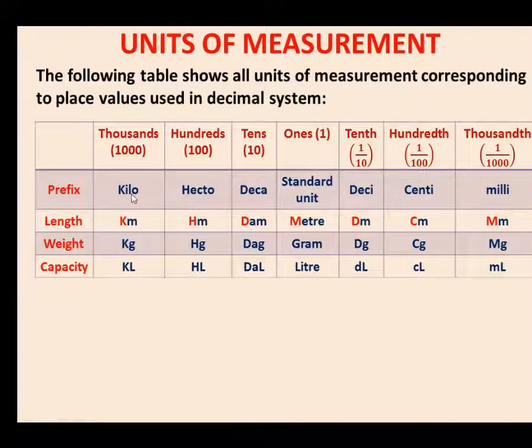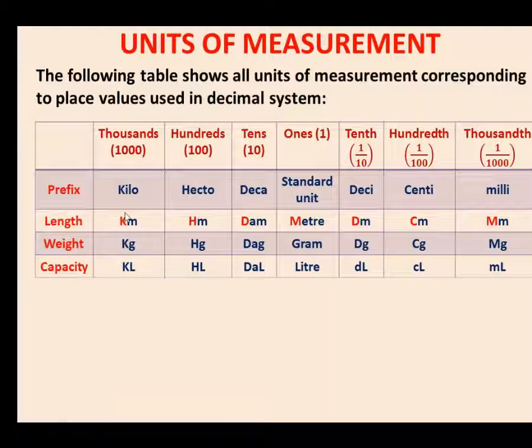These prefixes are used as per the units for length: kilometer, hectometer, decameter, and the standard unit is meter. In the same way, in weight we have kilogram, hectogram, decagram and gram, and so on.